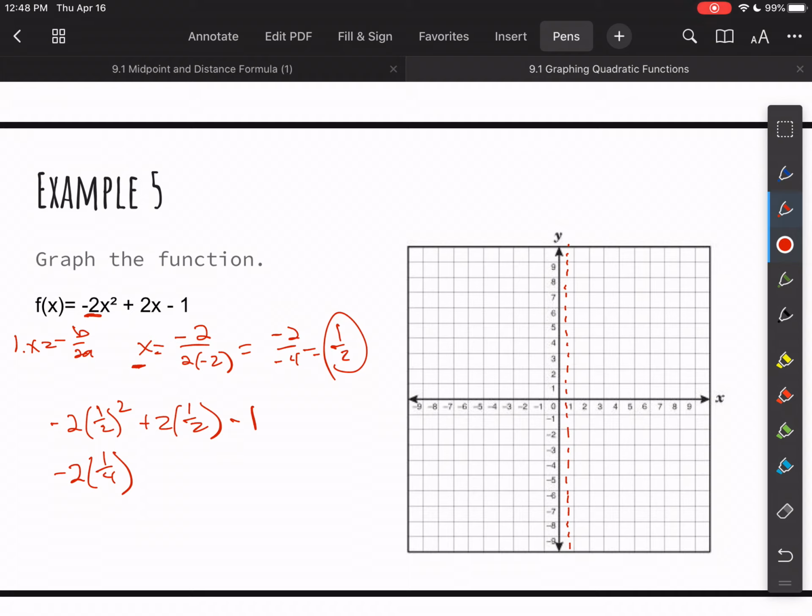Don't say negative 2 1/4; that's not what it's saying. It's negative 2 times 1/4 plus 2 times 1/2, which is 1, minus 1. That's 0, so it's just negative 2 over 4, or negative 1/2. So at 1/2, negative 1/2, we have our vertex.